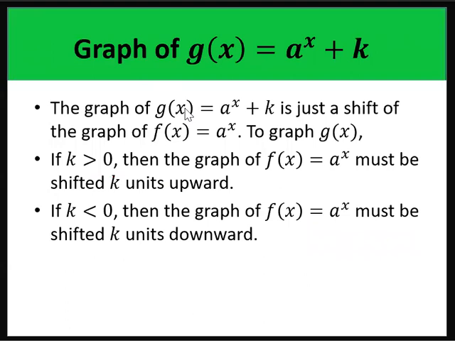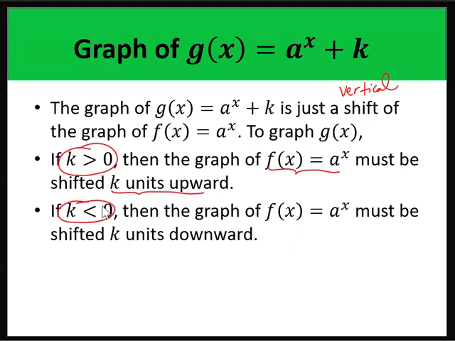This time, let's consider the graph of g of x equals a raised to x plus k. The graph of this function is just a shift of the graph of f of x equals a raised to x. Particularly, it's a vertical shift, which means that the basic function a raised to x will be shifted upward or downward. If k is positive, then the graph of the basic function must be shifted k units upward.